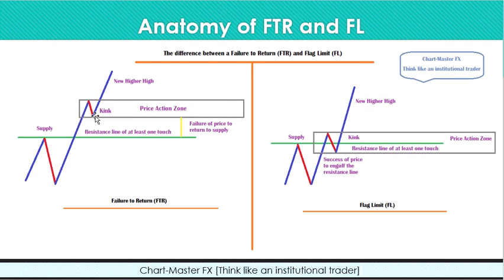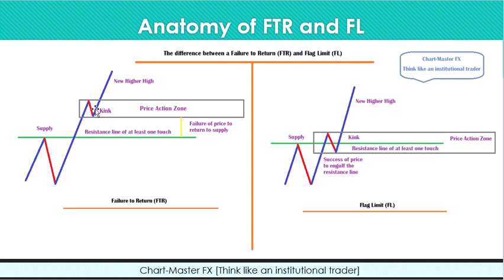So here, once a kink is formed, this high must be broken, and finally the high was broken and it created a new higher high. So this is a valid failure to return.